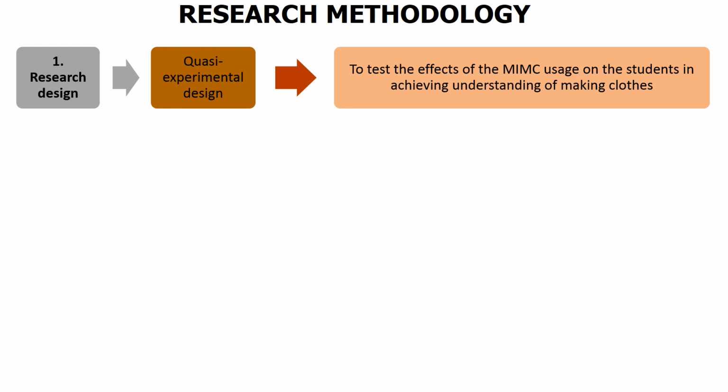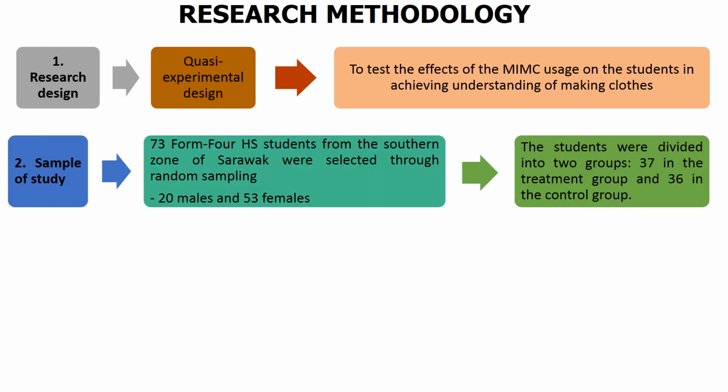I use a quasi-experimental design as the effect of the multimedia interactive module used on the students in achieving understanding of making clothes. There are 73 home science students from the southern zone of Sarawak who were selected through random sampling, 20 males and 53 females.